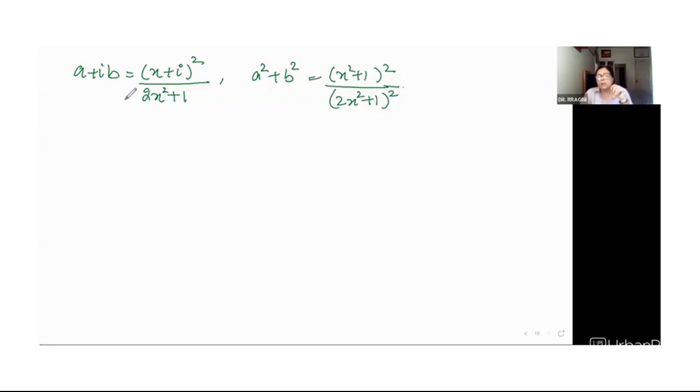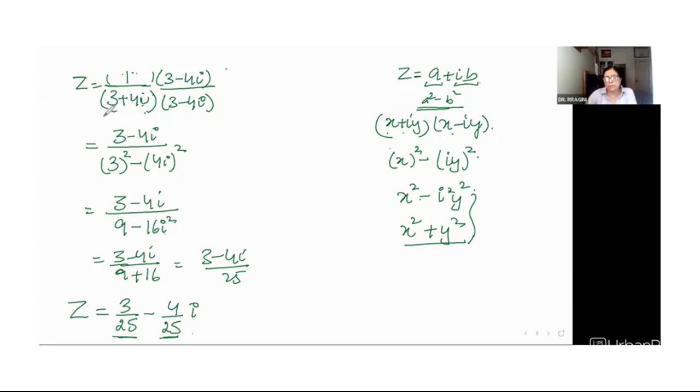Yes. Always remember one thing: you have so many questions of this kind in which a plus ib or x plus iy is given to you, and they're asking for the squares, the sum of the squares. Remember this thing. This is a pattern.